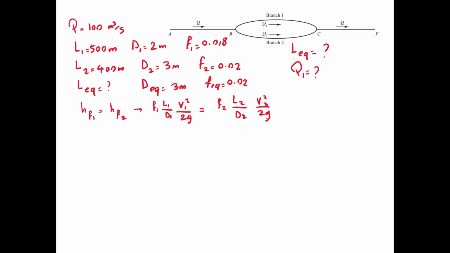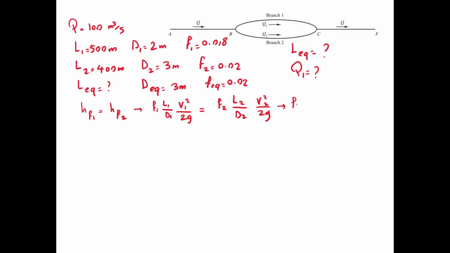So that could be a problem. What I'm going to do, I'm going to replace velocities with discharge. Then I have another rule for parallel. Parallel says that Q1 plus Q2 should be Q. So if I have one from there and write Q here, I will end up with two different Q equations, which may help me.